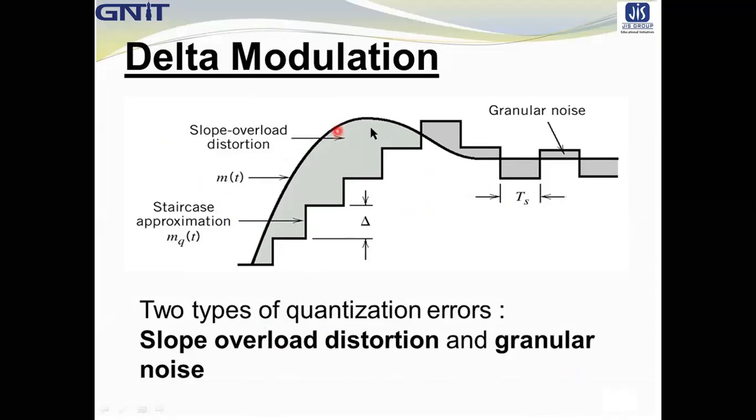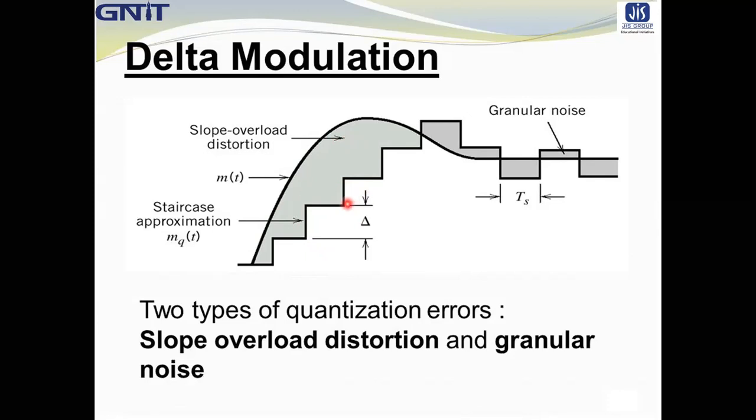So what is slope overload distortion? When the rate of rise of the input signal is so high that the staircase signal cannot approximate it, because the step size is too small for the required step, then the error between the original signal and the staircase signal is called slope overload distortion.